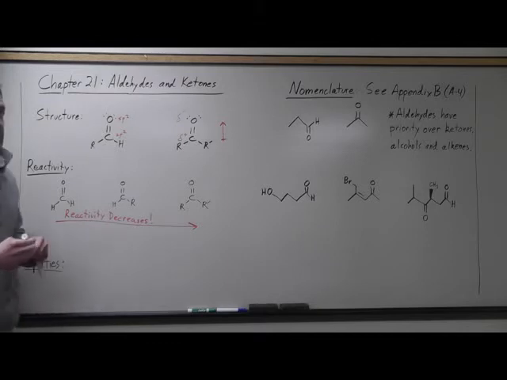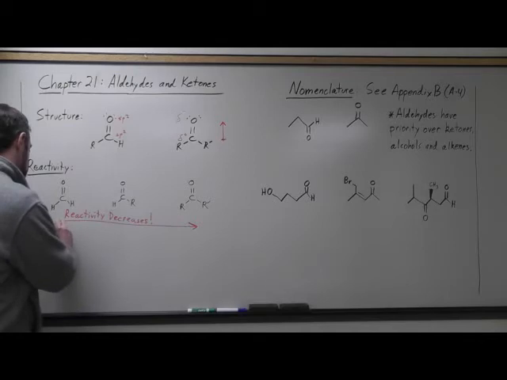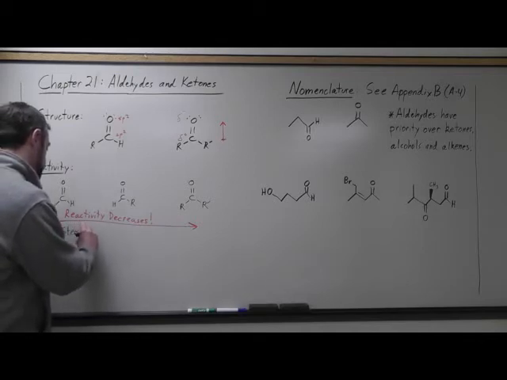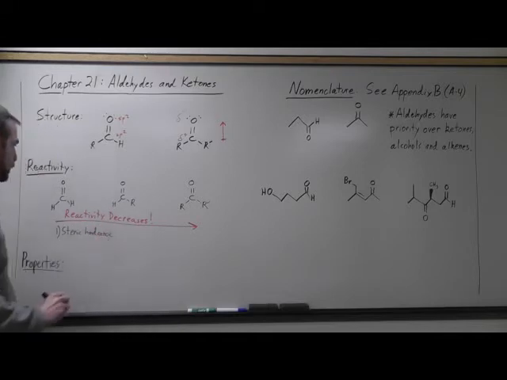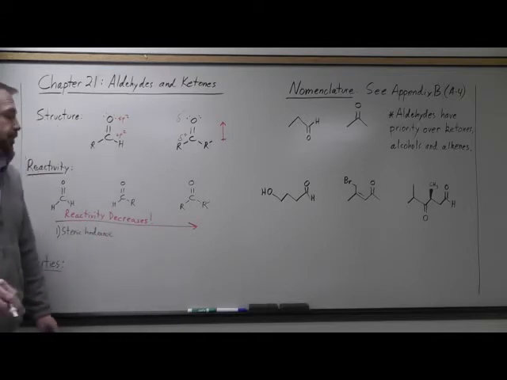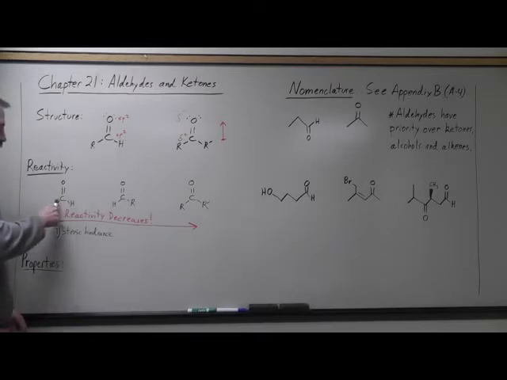Well, the first reason has to do with sterics. When you have small hydrogens here, this carbon is wide open to nucleophilic attack, and so can be attacked rather easily. However, since this is an sp2 carbon, there's still a good amount of room to allow for nucleophilic attack.